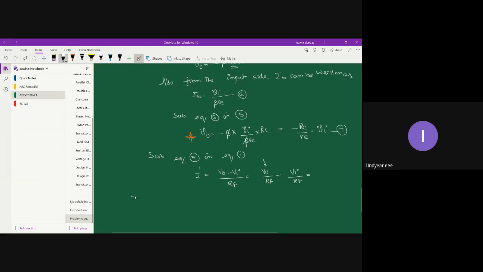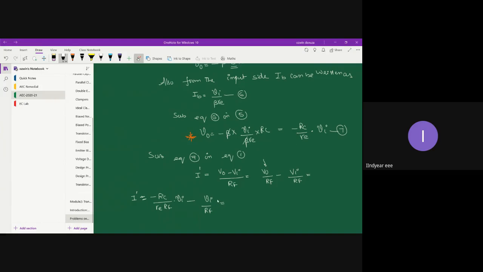So I dash is equal to V naught. V naught is minus Rc by Re, into Vi, because Rf is in the denominator, into Vi by Rf, minus Vi by Rf.